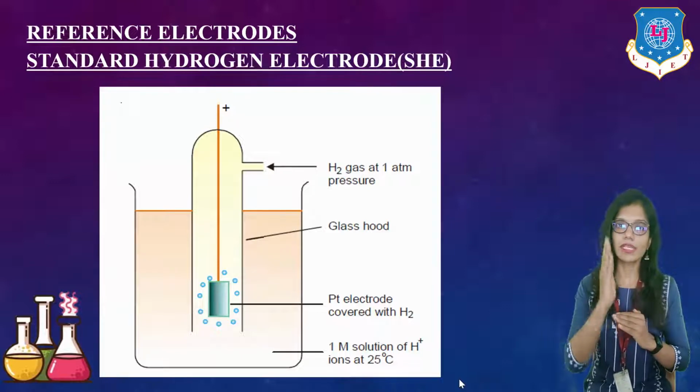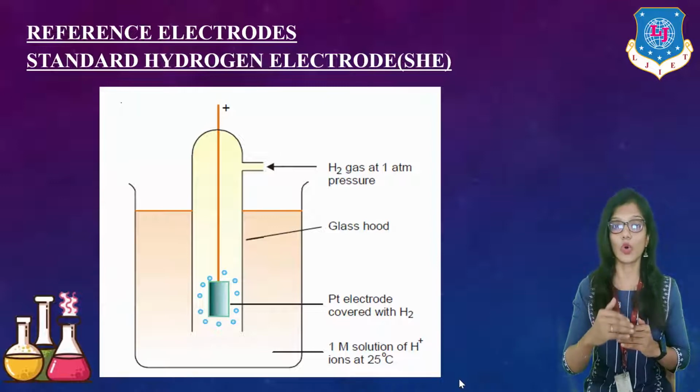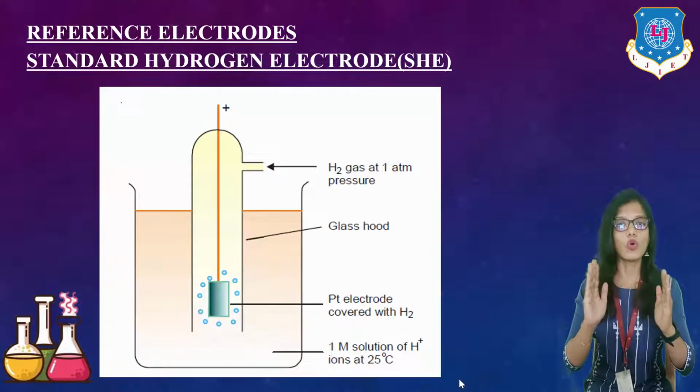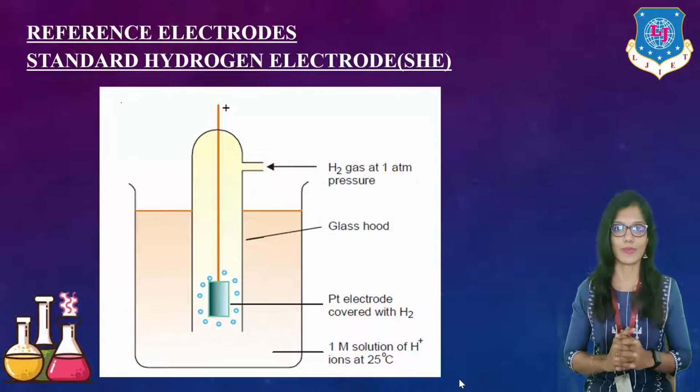In the image, the upper part is the wire, which gives you a charge. There is another input, of hydrogen gas at 1 atm pressure. That hydrogen gas goes to the platinum electrode or platinum plate, which is at the bottom of the glass hood. The whole structure is dipped in a 1 molar solution of H plus ions at 25 degrees Celsius.